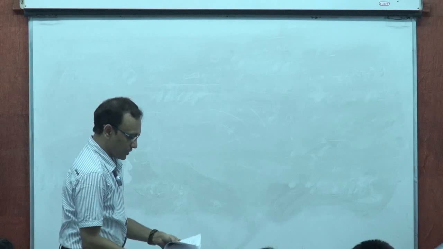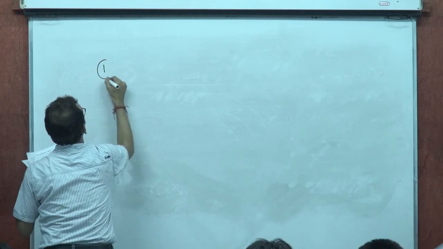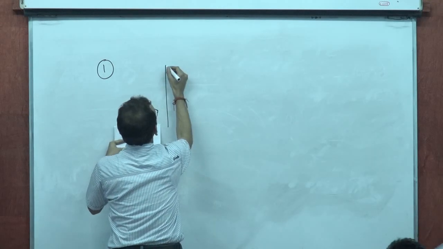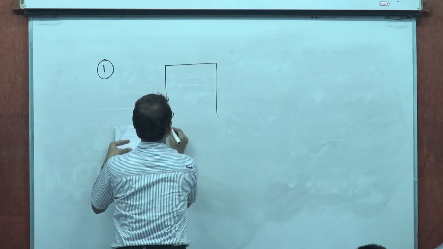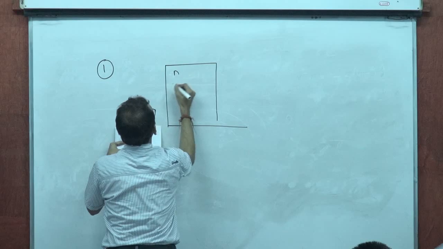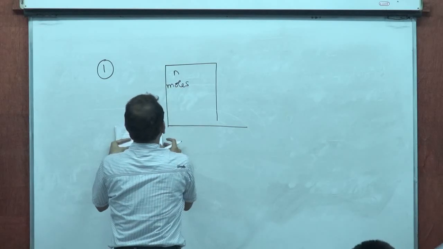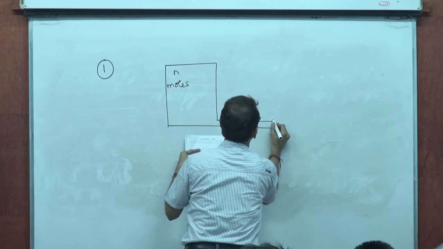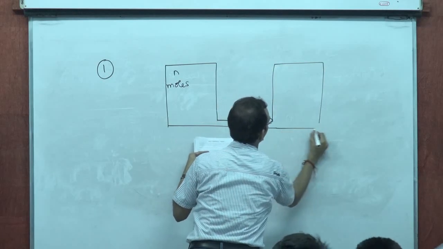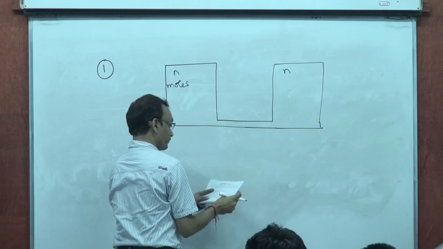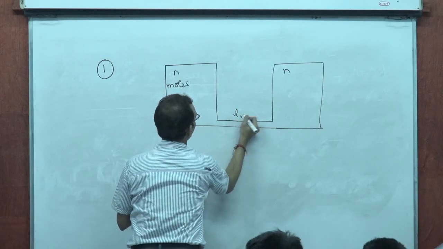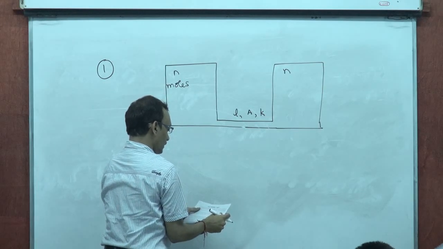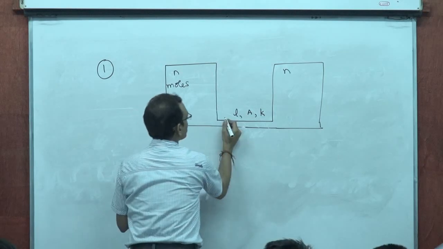Refer to the sheet 1. Let's look at problem 1. Two thermally insulated vessels, each containing n moles of an ideal monoatomic gas, are interconnected by a rod of length L, area of cross section A and thermal conductivity K. And the lateral surface is lagged.